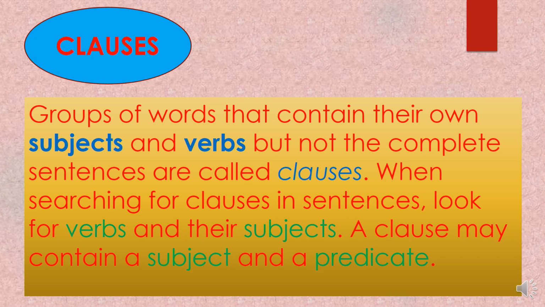You must know the structure of a sentence: a normal sentence has subject plus verb plus object. A clause may contain a subject and a predicate. Subject is the base of any sentence, what the sentence is about, and predicate is the rest of the sentence.